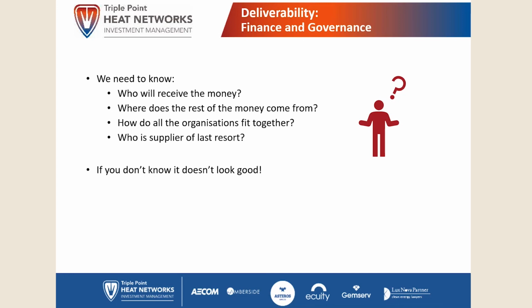Deliverability to finance and governance. So the questions are split into two sections, but basically we want to understand what the structure of your delivery is going to be, and how the money is going to flow through that structure.